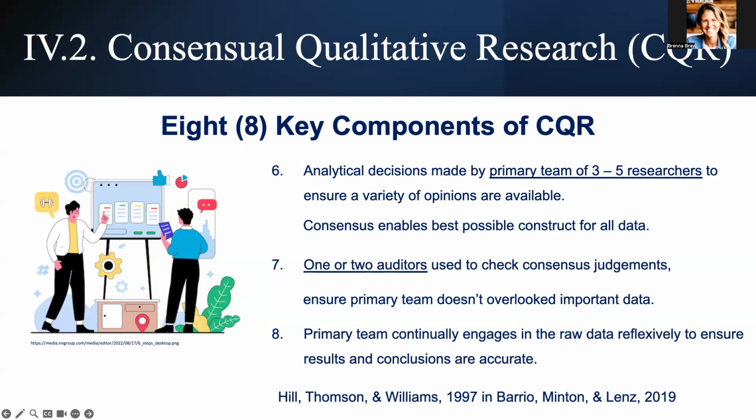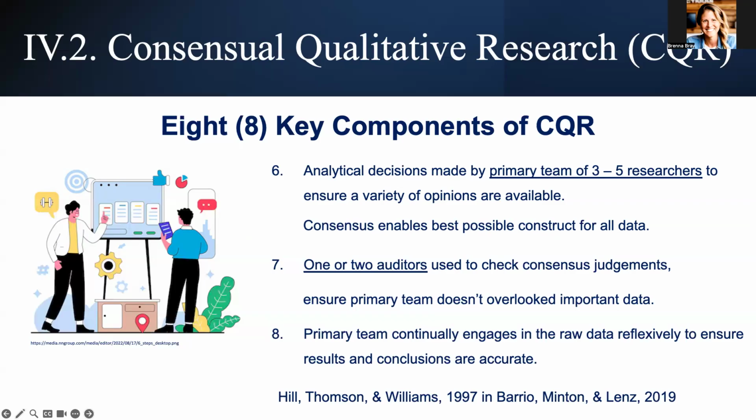7, 1 or 2 auditors are used to check consensus judgments, ensure the primary team doesn't overlook important data. And again, this piece, the use of auditors, is really specific to consensual qualitative research. And then 8, the primary team continually engages in the raw data reflexively to ensure the results and conclusions are accurate.